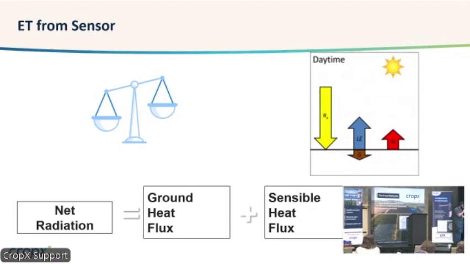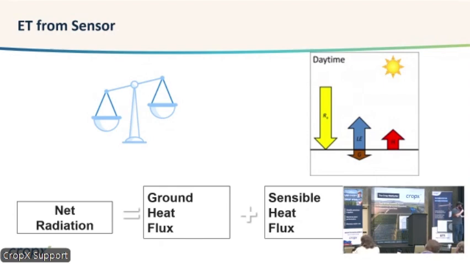On the other hand, some of that energy goes into heating the atmosphere. That's what we call sensible heat flux, because you can feel it: the air is actually getting warmer. That's the H over here. But a lot of the energy will go into what we call the latent heat flux, which is the energy that goes into turning liquid water into vapor, AKA ET.